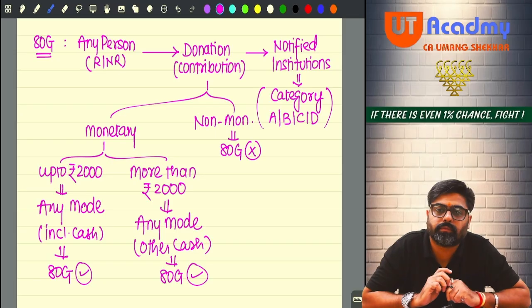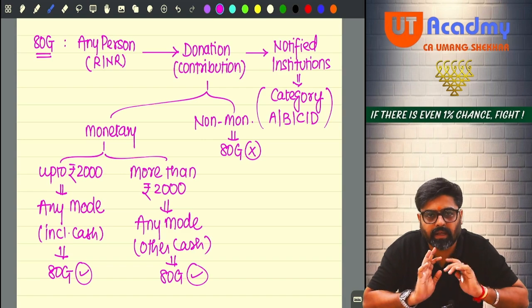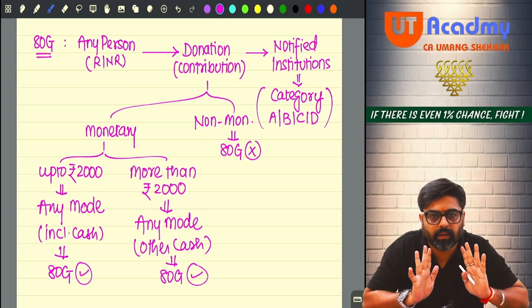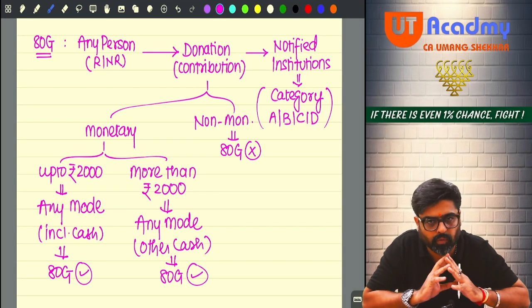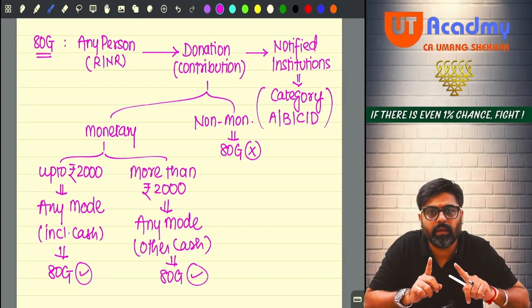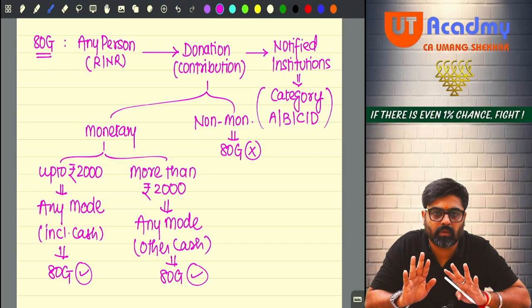Getting my point? So, are you an individual? Yes. Can you claim this deduction? Yes. Are you a company? Yes. Can you claim this deduction? Yes. Any person can claim, resident or non-resident, but you have to donate money to notified institutions. Those institutions are given in 4 categories, A, B, C, D. Whatever donation you are making must be a monetary donation, then only it will be allowed under 80G.